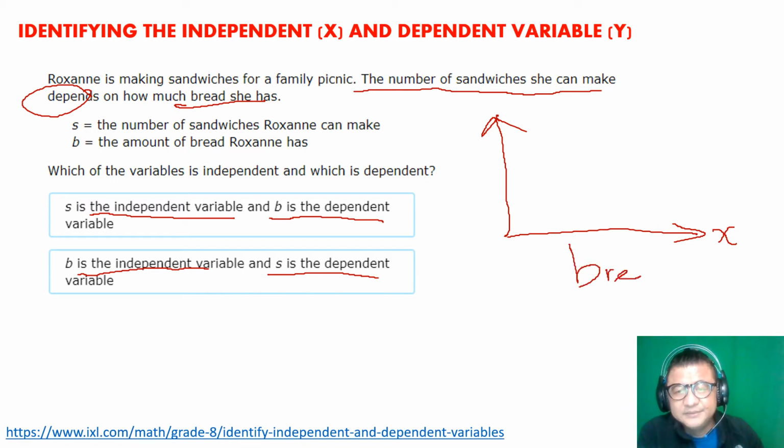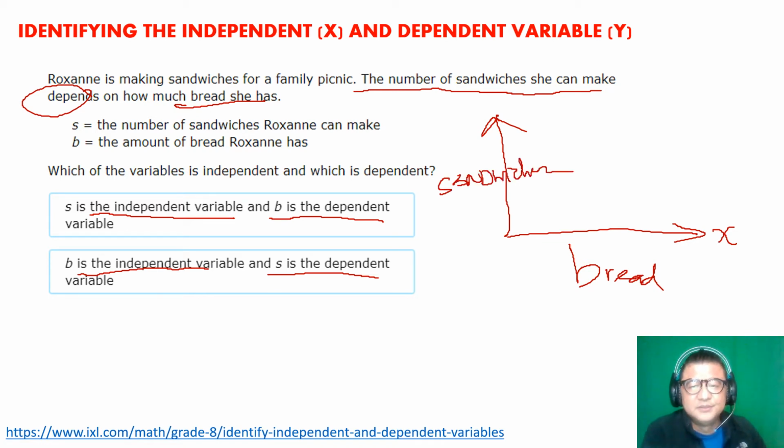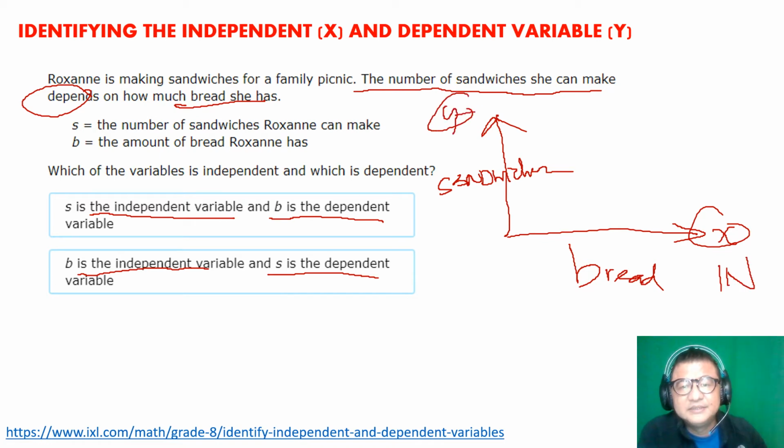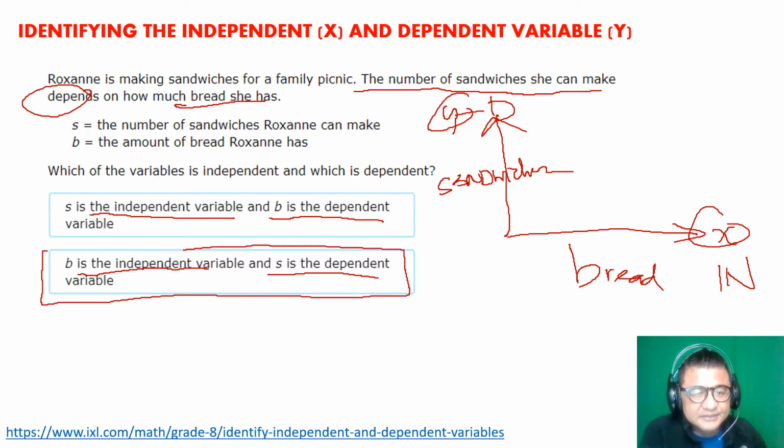The more bread you have, the more sandwiches you can make. Bread is the X, the independent. The Y is the dependent. So B is the independent and S is the dependent. So that's the correct answer.